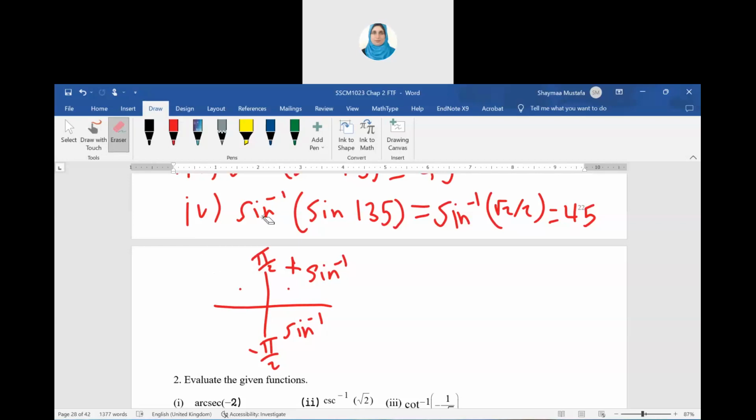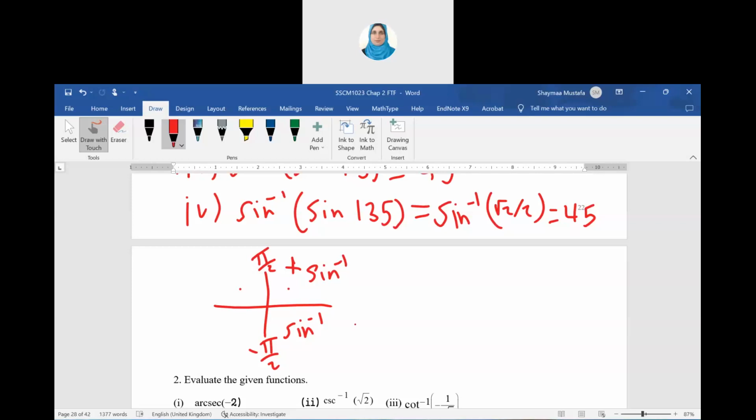So we cannot say that sine inverse sine 135 is equal to 135. No, it is equal to 45. It is equal to the same angle in the first quadrant. Usually, if you calculate sine inverse for a positive value, take your angle in the first quadrant. If you calculate sine inverse for a negative value, choose from the last quadrant.